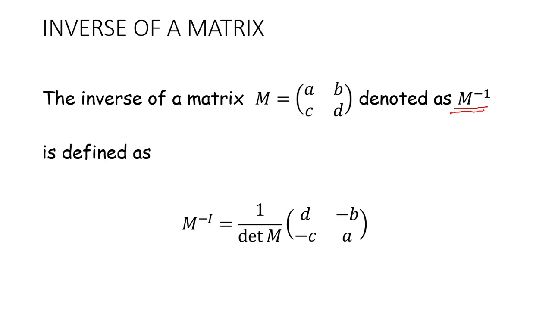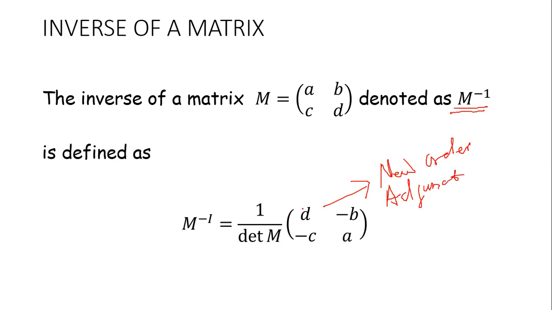So M inverse is defined as 1 divided by the determinant, and then we multiply by some books call it the new order matrix, and in some others they call it the adjunct matrix.